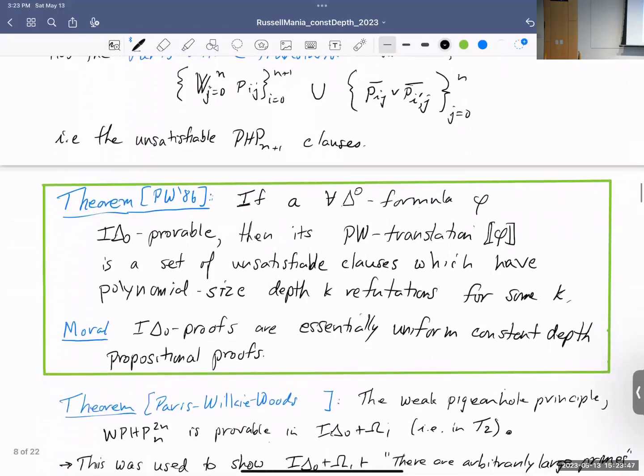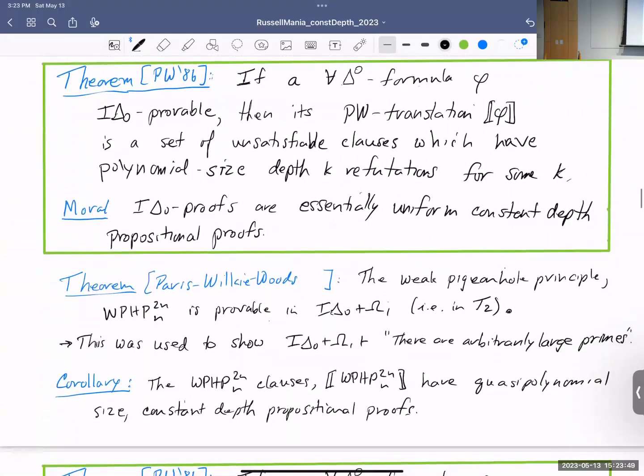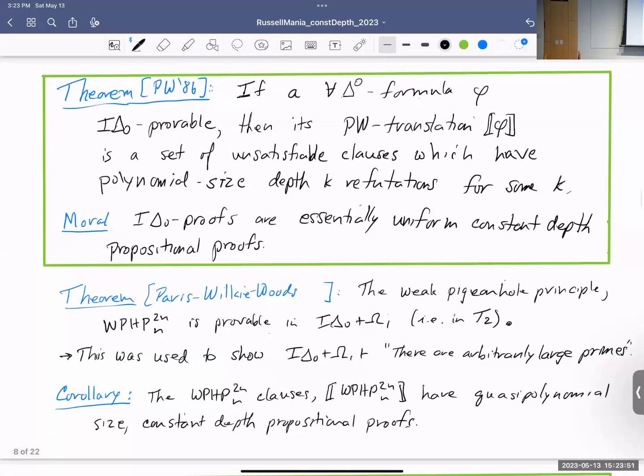So the big theorem from Paris and Wilkie, among others, is: if a delta naught formula is provable in I delta naught, then its Paris-Wilkie translation, which is sometimes written with these double bracket signs, is a set of unsatisfiable clauses which have polynomial size depth k refutations for some fixed k.